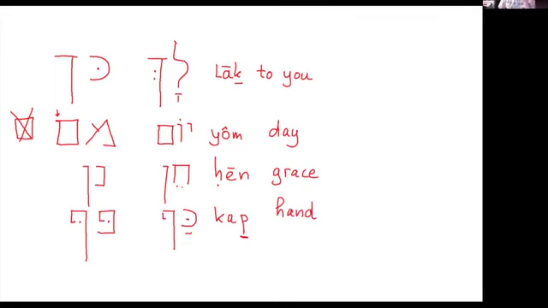And the last one I do over here, because not all of you might see it. The Tzade is like this and like that.